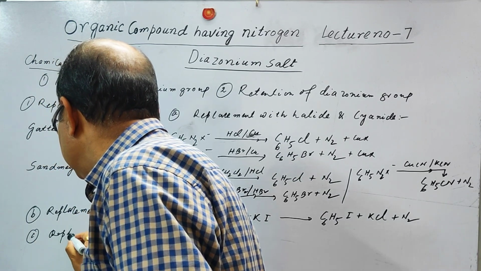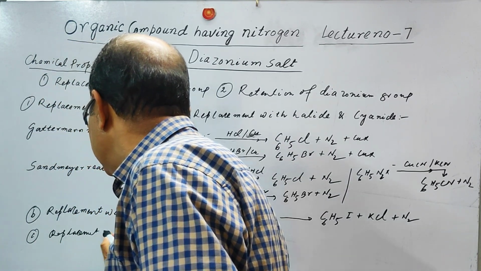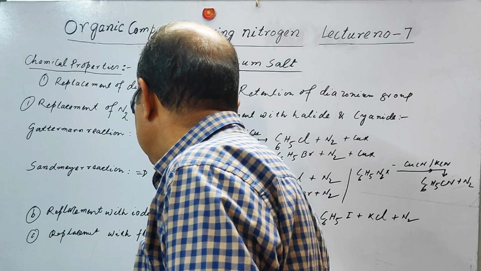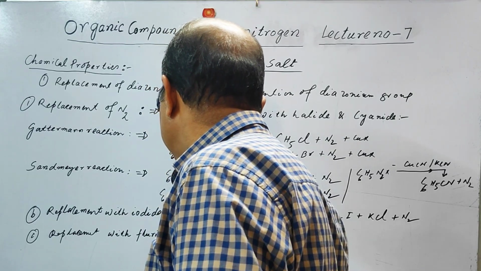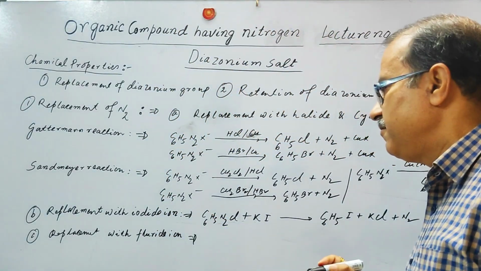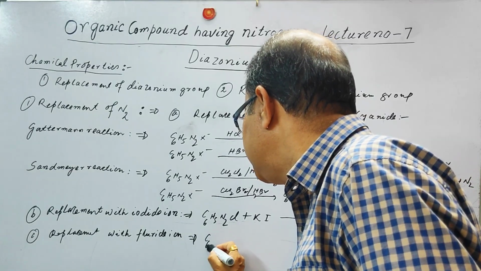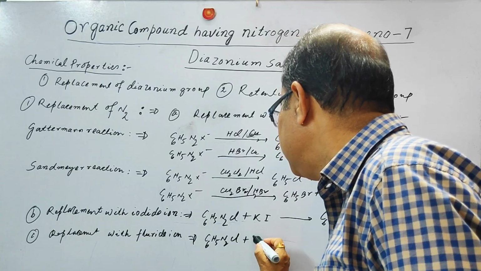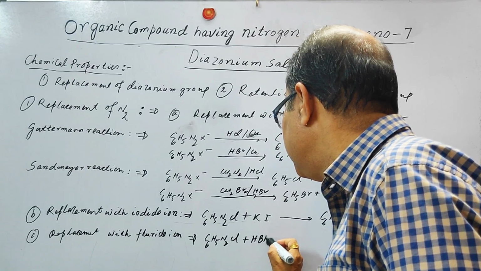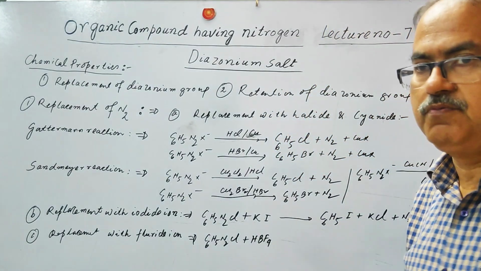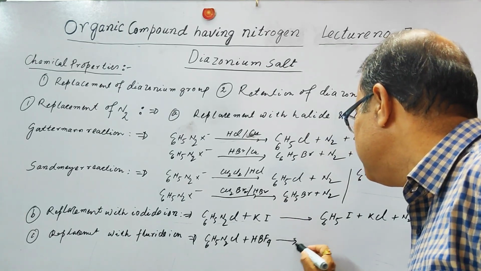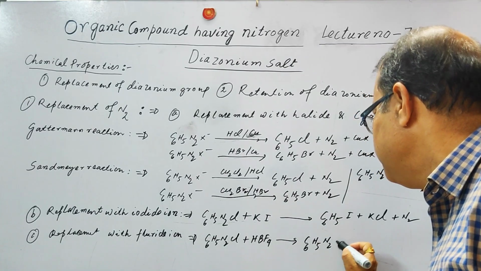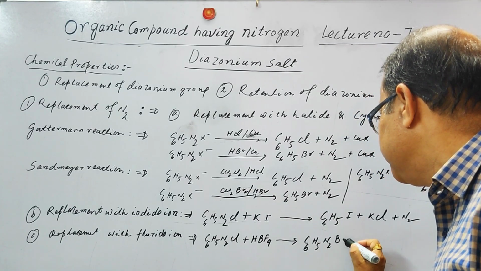Replacement with fluoride ions. In this case, first we have to react this diazonium salt with fluoroboric acid, and this will produce benzene diazonium fluoroborate.